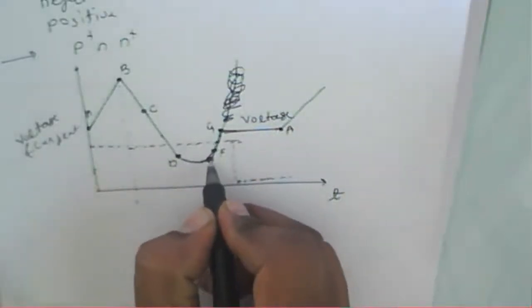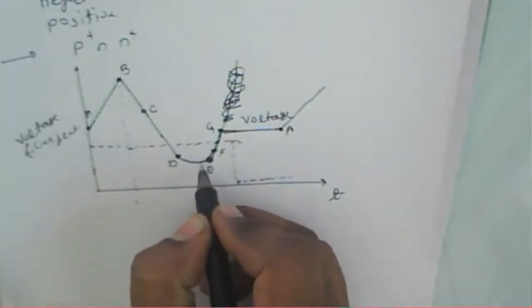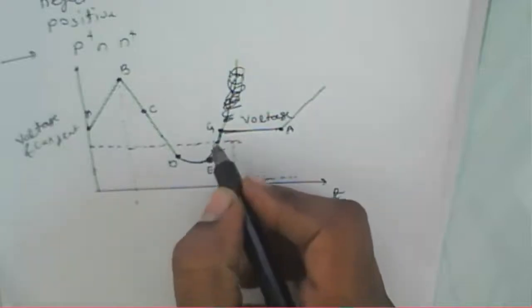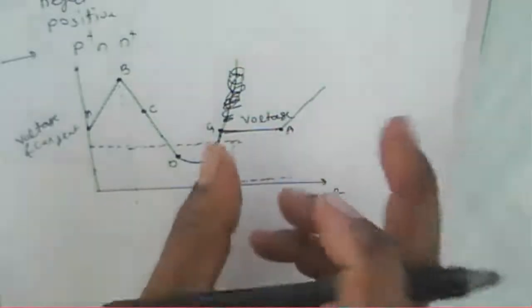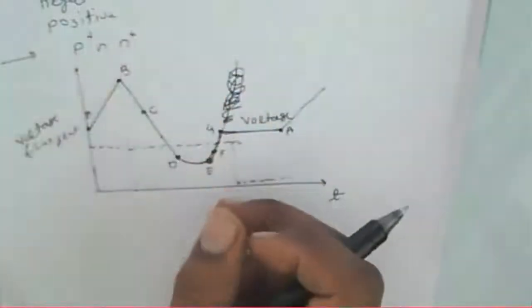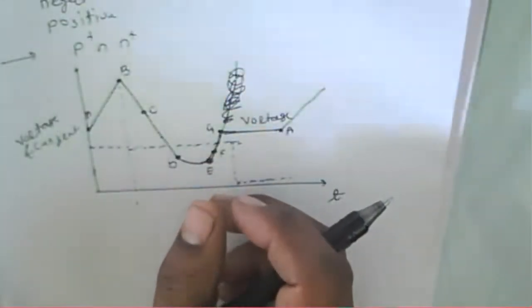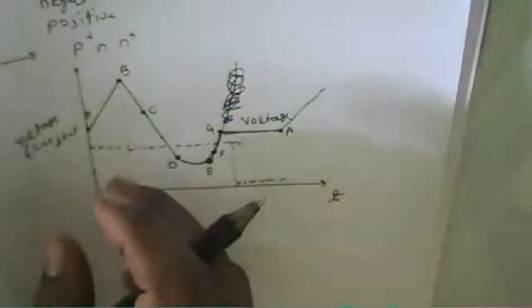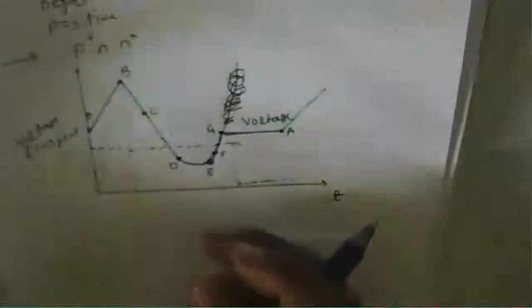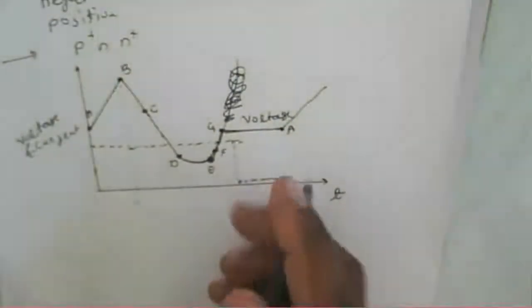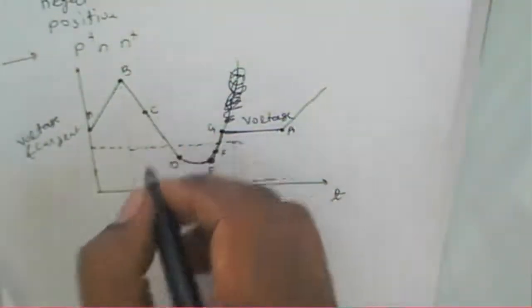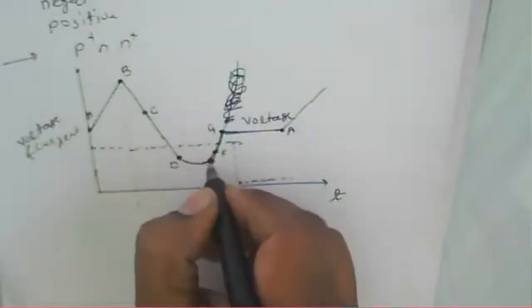This will be removed, but some residual charges are present. Even after removal, some charges remain in the depletion layer at one end of this junction or diode: residual charges of holes at one end and residual charges of electrons at the other end.